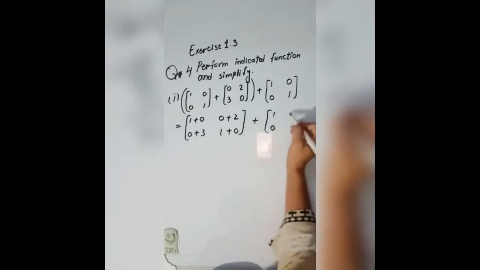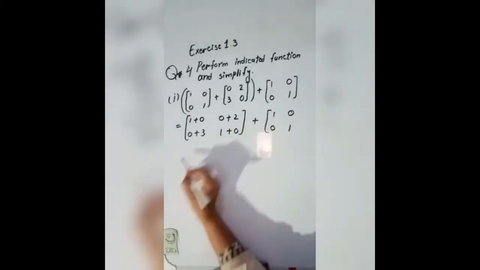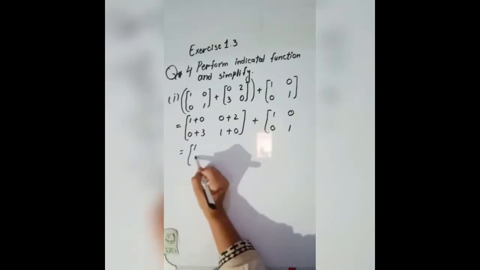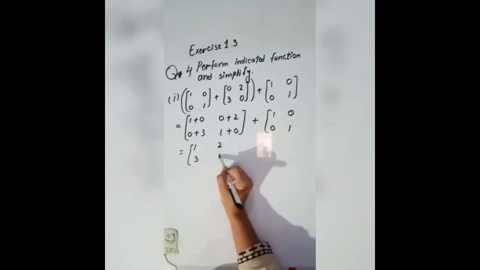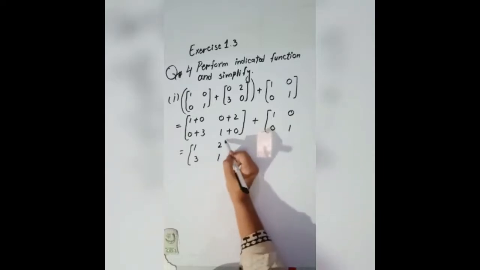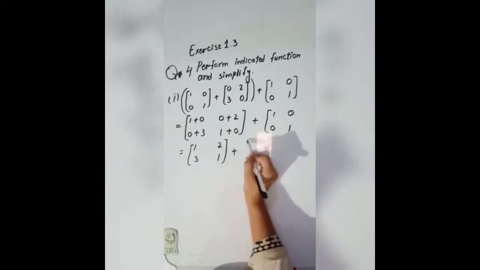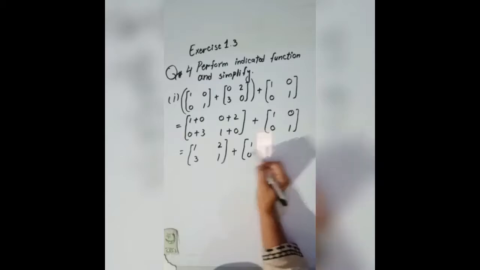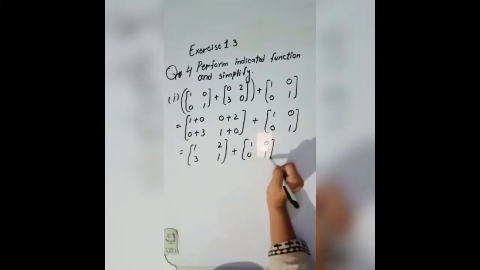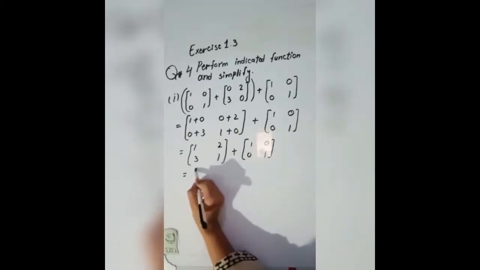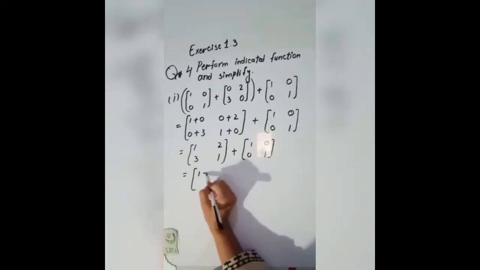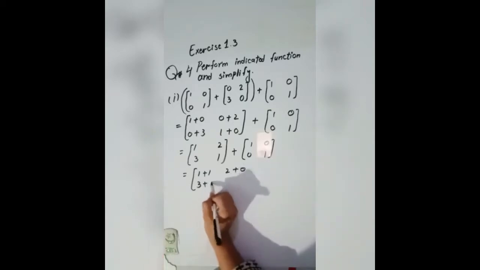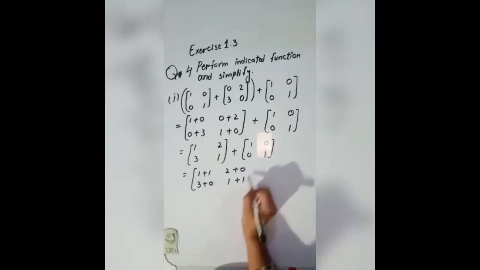1 0 0 1. We got 1 3 2 1. Plus 1 0 0 1. Next again we have to add these two matrices, 1 + 1, 2 + 0, 3 + 0 and 1 + 1.